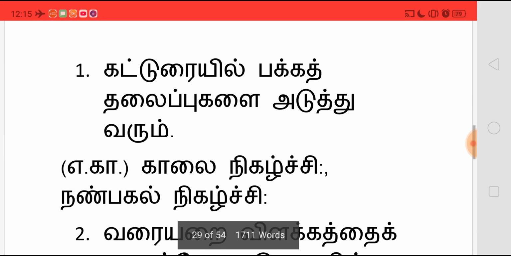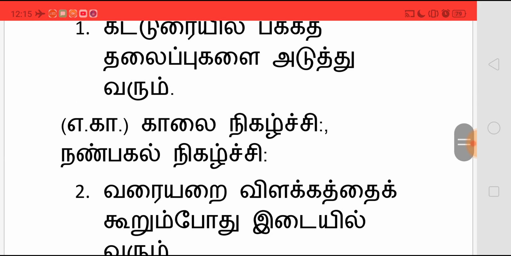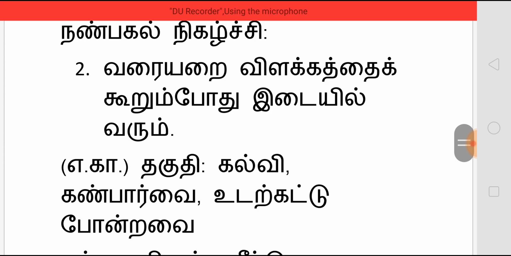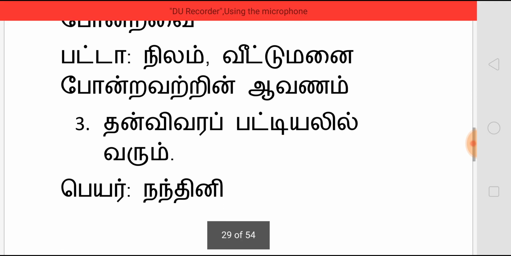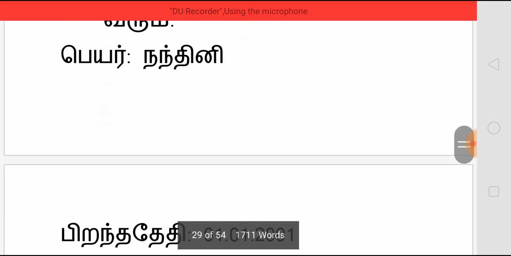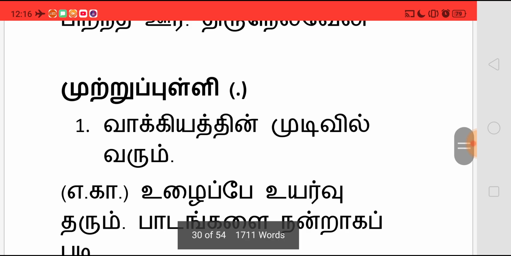That is when we are writing an essay, for the side headings we will use this like காலை நிகழ்ச்சி, நண்பகல் நிகழ்ச்சி. And when we are explaining certain things, we will use it like தகுதி, கல்வி, கண் பார்வை, உடற்கட்டு and all that. And பட்டா, நிலம், வீட்டுமனை, all these documents. And when you are giving your personal information, that is your profile, you will use it like பெயர், பிறந்த தேதி, பிறந்த ஊர்.